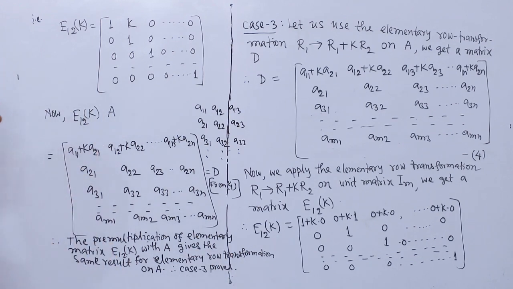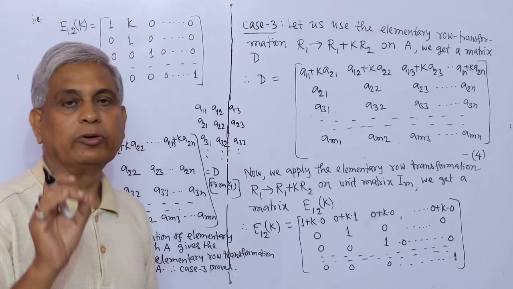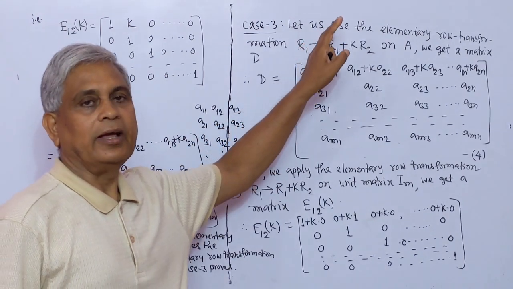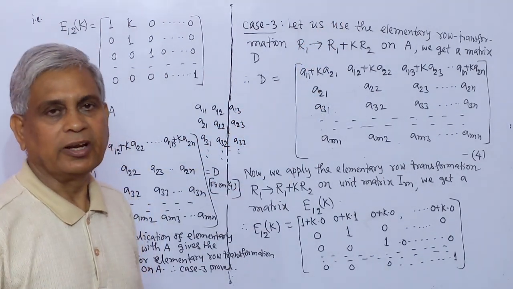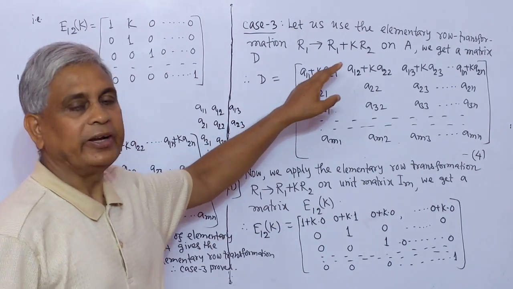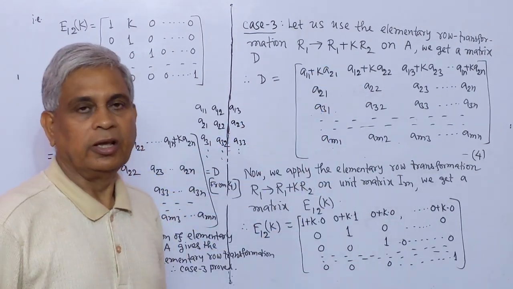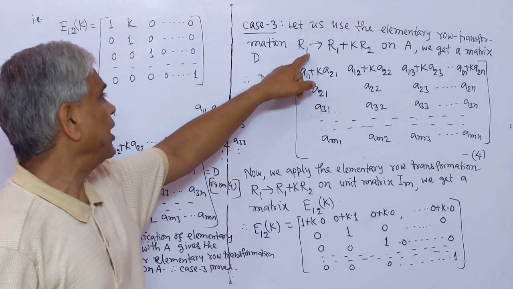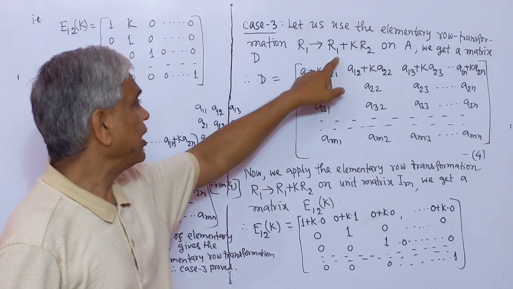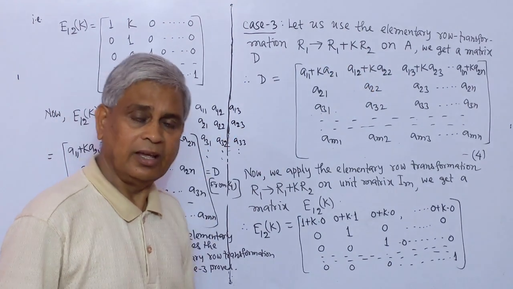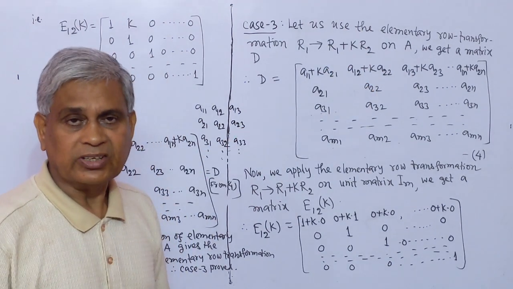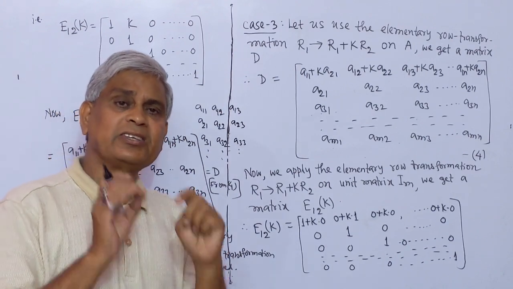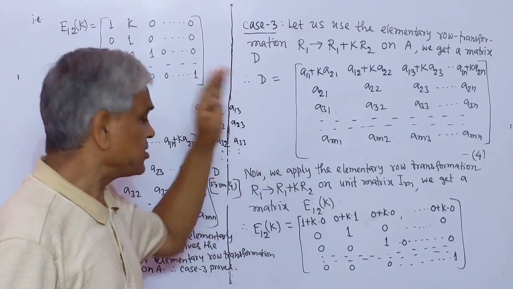Here it is to be noted that we have used the elementary row transformation in a particular row by taking particular rows. So we may take here in place of R1, Ri, here Ri, here K Rj, and we may generalize this. So we may get the generalized result in each case.